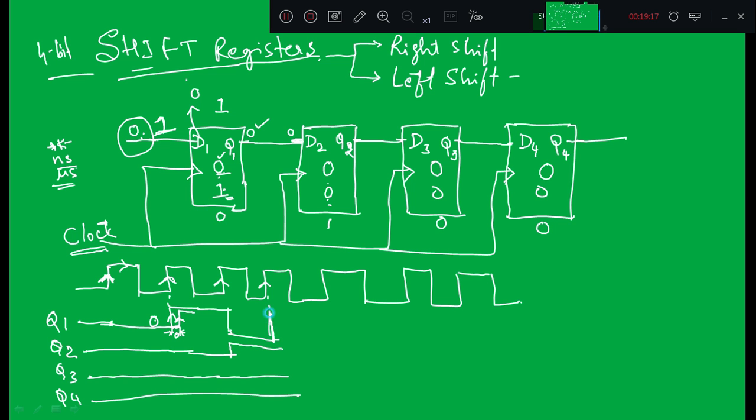If D1 is equal to 1, what will be stored in the first flip-flop is 1. And what happens to the second flip-flop? The 0 will shift towards the right. So Q2 becomes 0, Q3 becomes 1, and Q4 will remain 0. So what will be the last state? It is equal to 1 followed by four zeros.